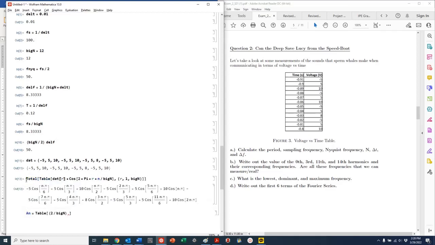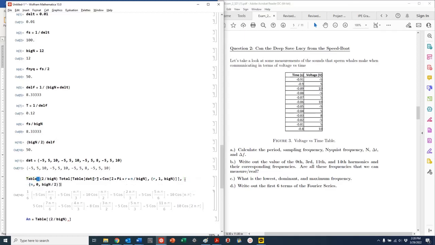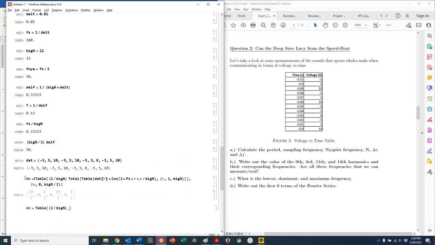I need to now multiply this by 2 divided by big N, as such. And then I need to do this for all the values of n, which goes from 0 to big N divided by 2. And there we go. This will be my A sub n.